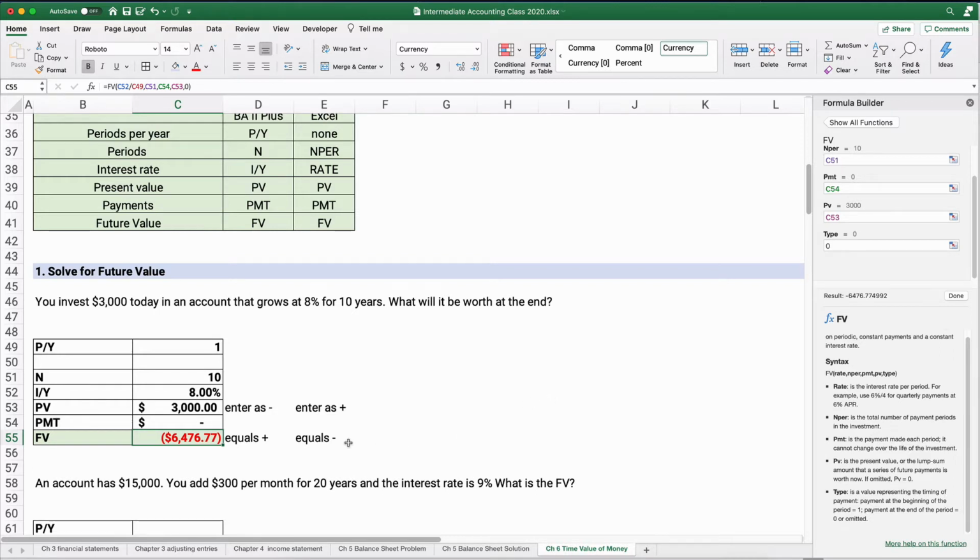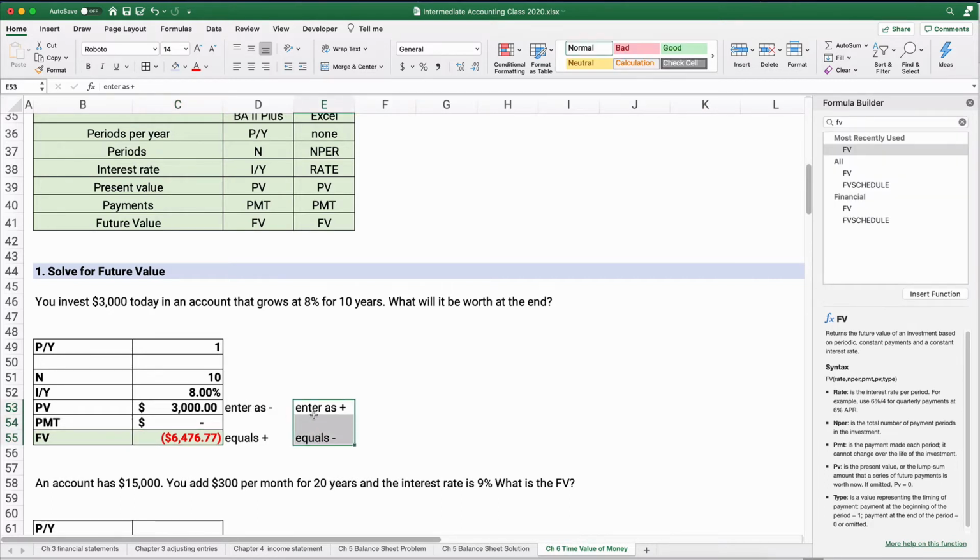Now, if we enter this as a positive, the 3,000 is positive, then the future value comes out to be negative. What happens if we enter the 3,000 as negative? Well, it becomes a positive 6,476. The number doesn't change, but the sign does. Now here's what happens with your calculator or with Excel. Present value and future value are opposites.